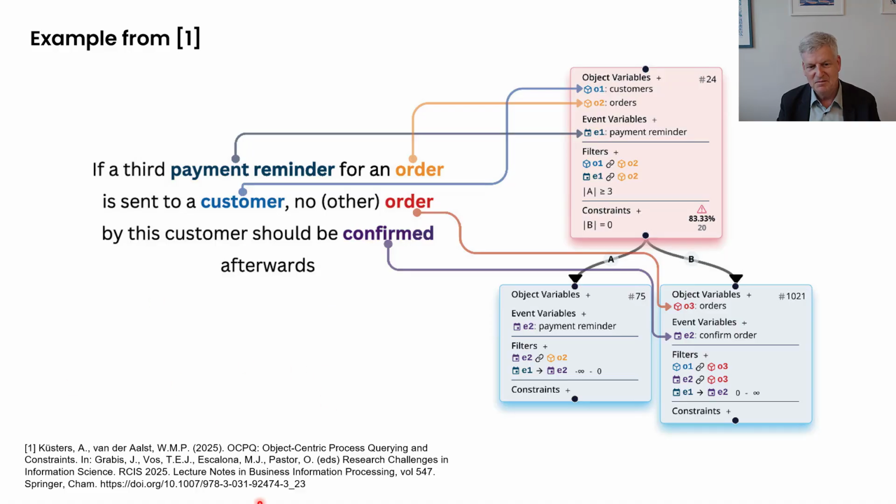This is an example from the first paper describing this OCPQ language. This visual representation is describing the following constraint: if a third payment reminder for an order is sent to a customer, no other order by this customer, that's very important, should be confirmed afterwards.